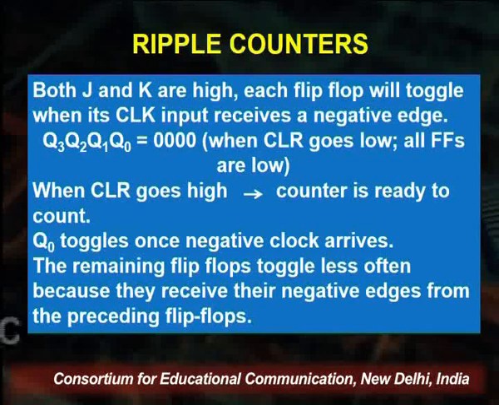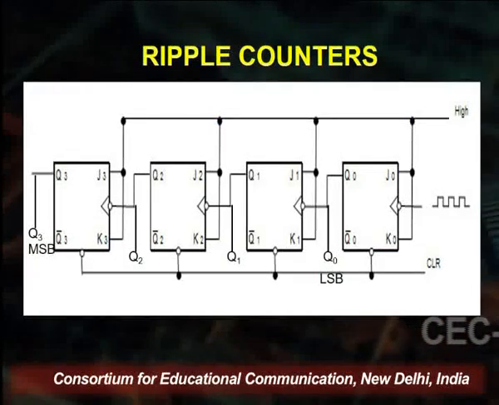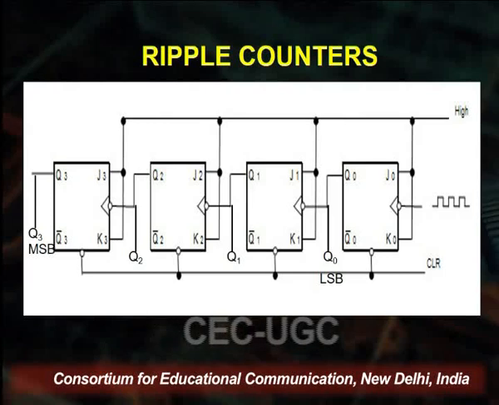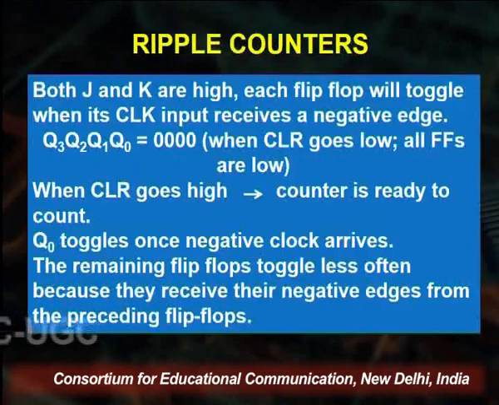No changes would occur when the clock goes from 0 to 1, or if it is a positive edge. Looking at the circuit, the symbol, the presence of a bubble as well as a small triangle ensures that it is edge triggered, and it is the negative going edge which is going to trigger the flip-flop to change its state.